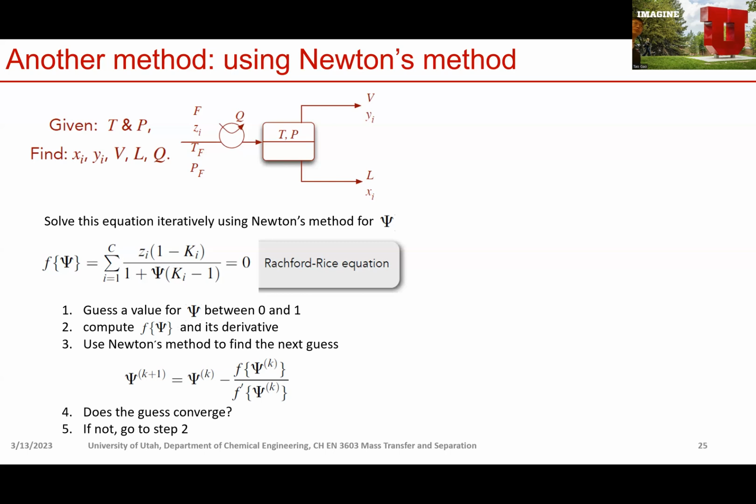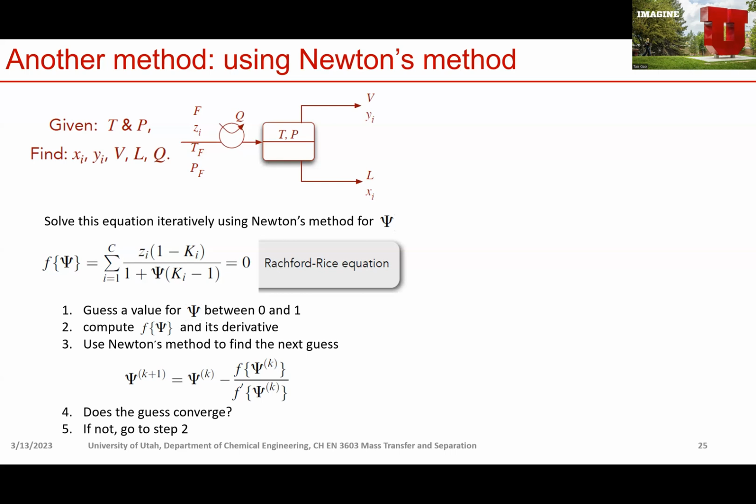Psi is the vaporization fraction, so it should be between 0 and 1. That's your initial guess. Then you can compute f(psi) by plugging in psi. You can also compute its derivative, f prime(psi), with respect to psi, and plug in the initial guess to get its first derivative.